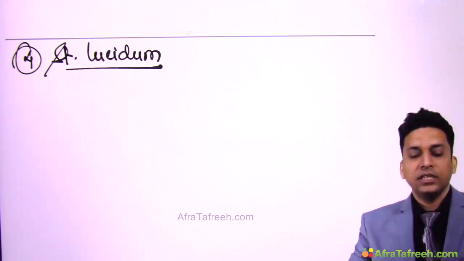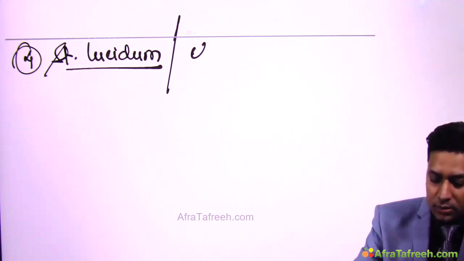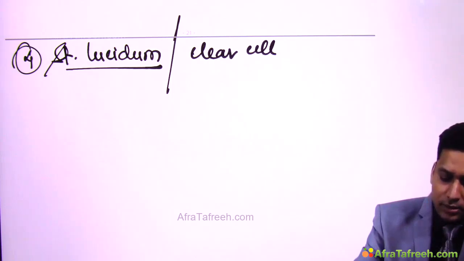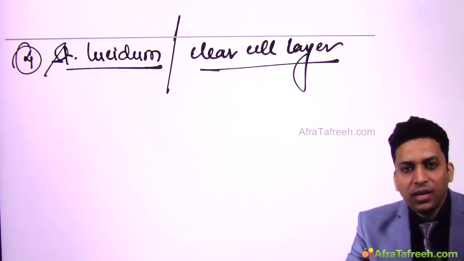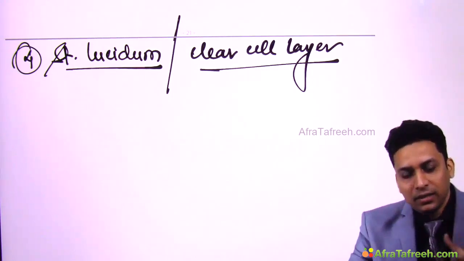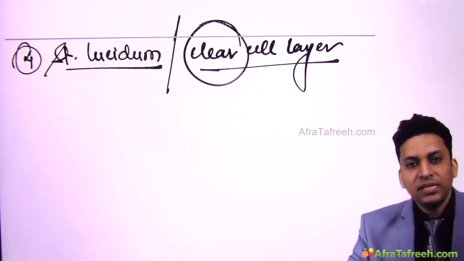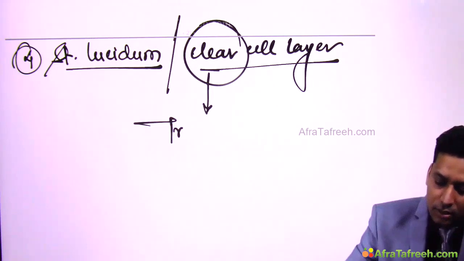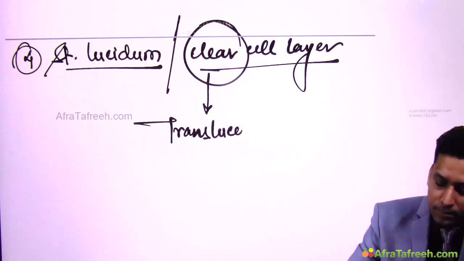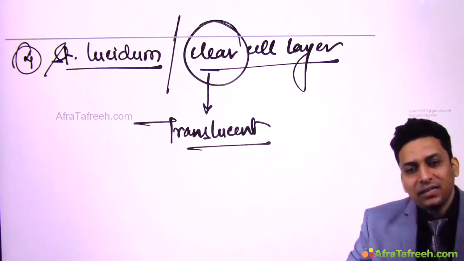Next is stratum lucidum. Stratum lucidum is also known as clear cell layer. Now can you tell me why it is known as clear cell layer? Because the cells present here are translucent. Why are these cells translucent?